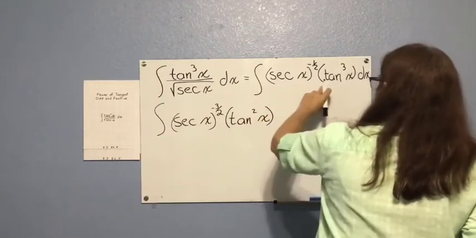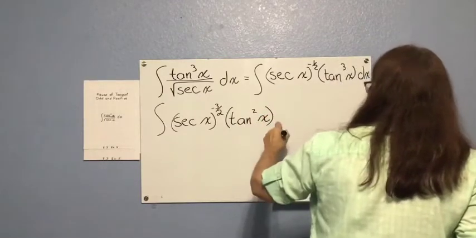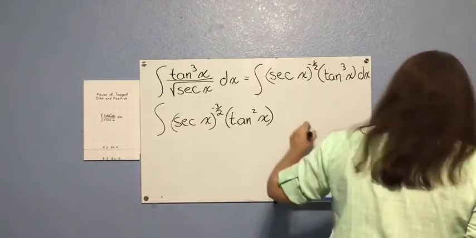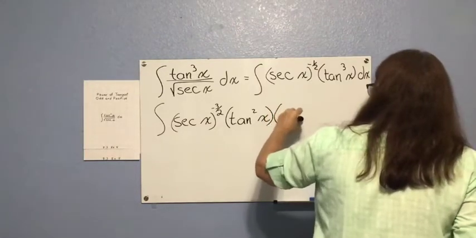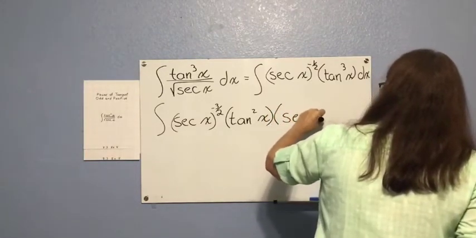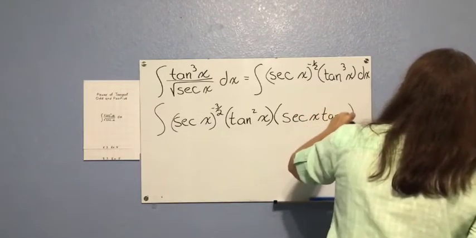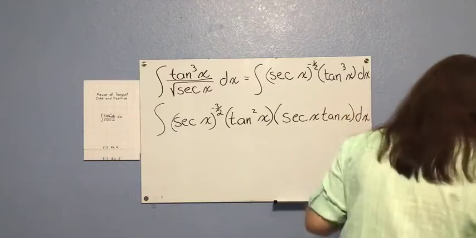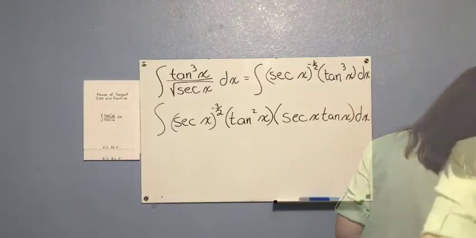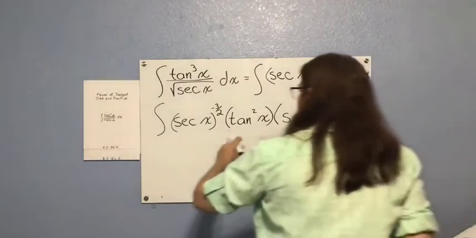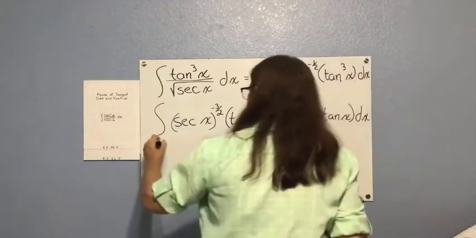And I reduce this from tangent cubed to tangent squared. So now I can have secant x tangent x as a factor. Now I'm going to change this tangent squared to secant squared minus 1.